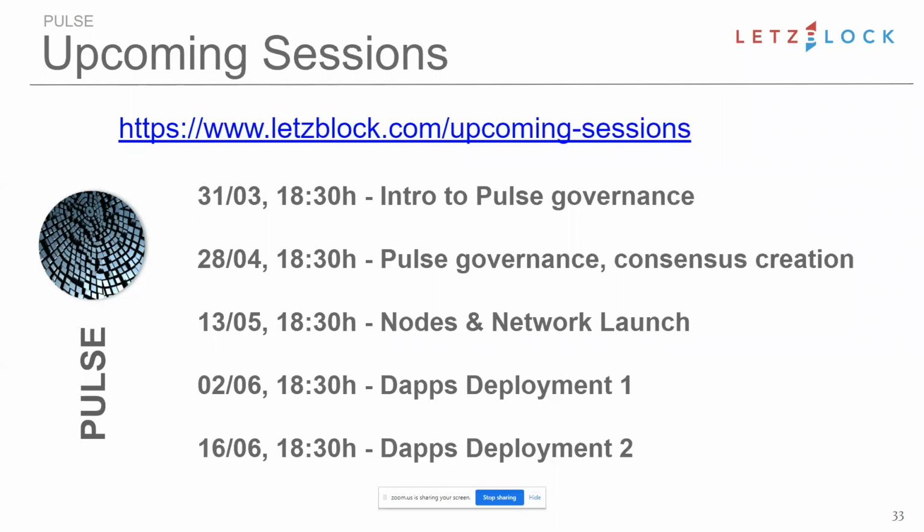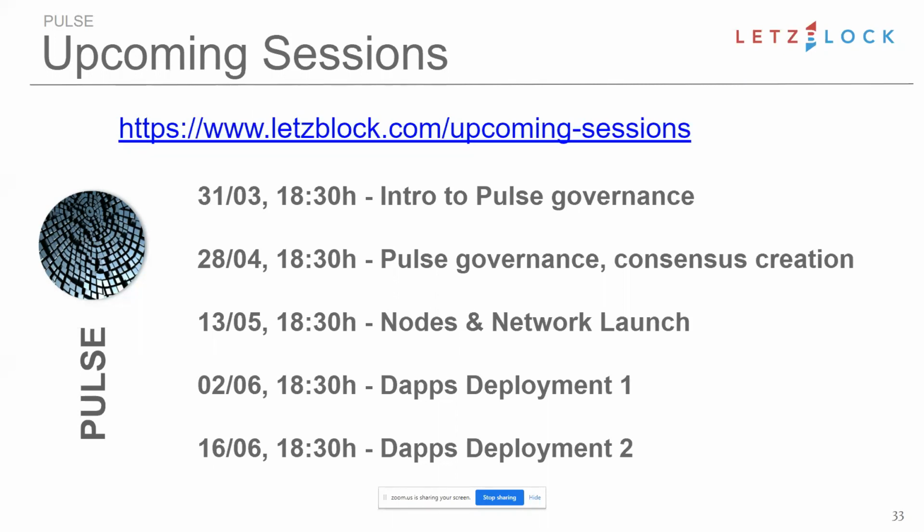So for your information, we have the dates for the upcoming sessions. On 31st of March, which in the meantime is not in conflict anymore with the Deloitte LetzBlock joint conference, because that one has been cancelled, we will have a session on the Pulse governance.